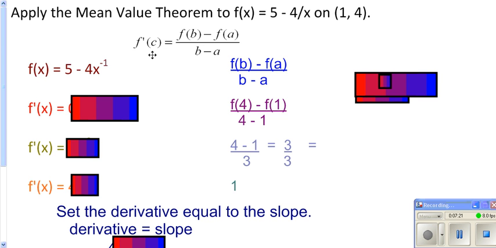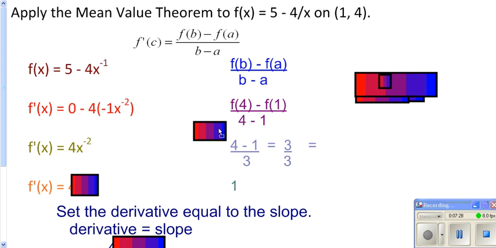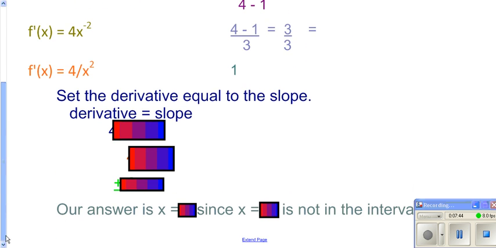Over here, you need to deal with your derivative. So you take your derivative of your original function, and you get this. So that's our derivative, 4 over x squared. So the mean value theorem says that derivative has to be equal to your average rate of change. So we'll set them equal, and then we'll solve.